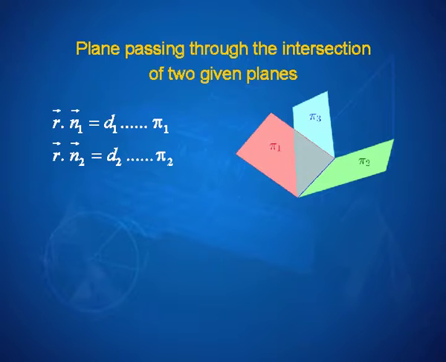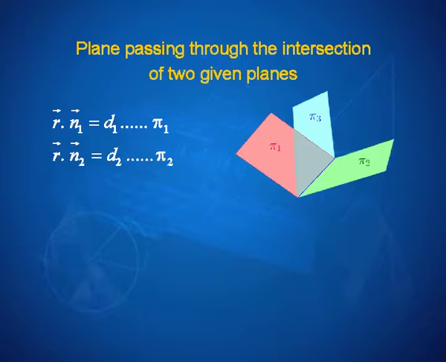To begin with, if I know planes pi 1 and pi 2, their equations would look like r dot n1 vector equal to d1 and r dot vector n2 equal to d2, where n1 and n2 vectors are the normals to the given planes.